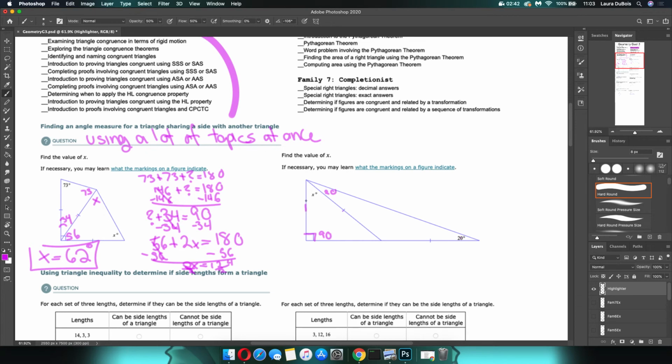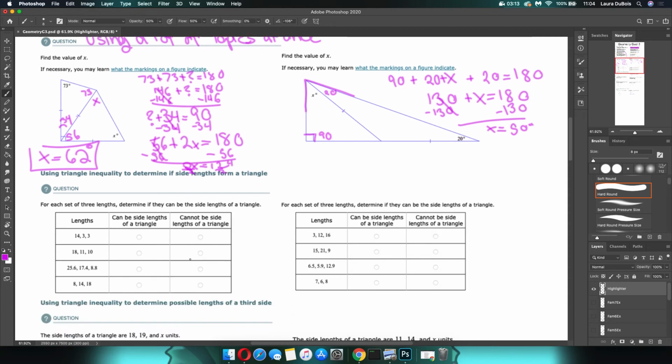And now we have this big angle plus the others equals 180. So 90 plus 20 plus x plus 20 equals 180. So lock those all up. That's 130 plus x equals 180, minus 130, minus 130, x equals 50 degrees. And that's how you're getting your numbers. So you're using a lot of different skills at once.